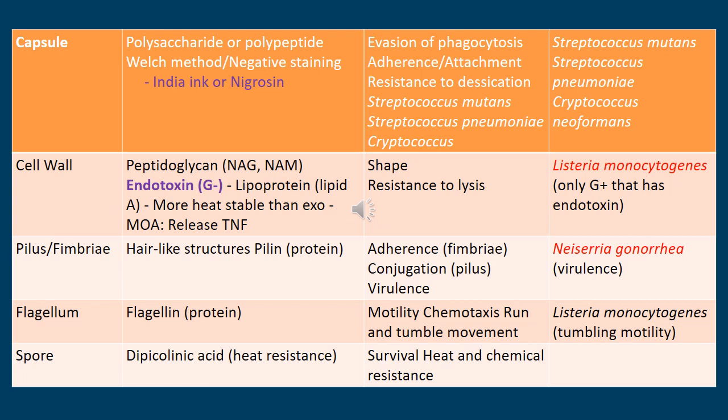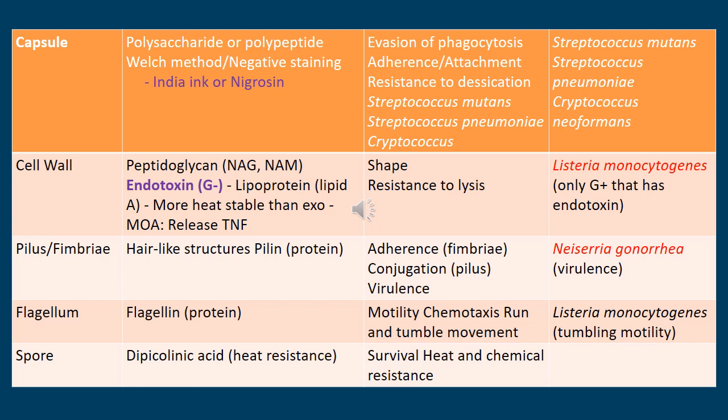And as you can see po, the function is to maintain yung shape and at the same time to resist yung lysis na nangyayari during sa cell po or during the introduction of any chemicals in that manner or even yung antibiotics natin.